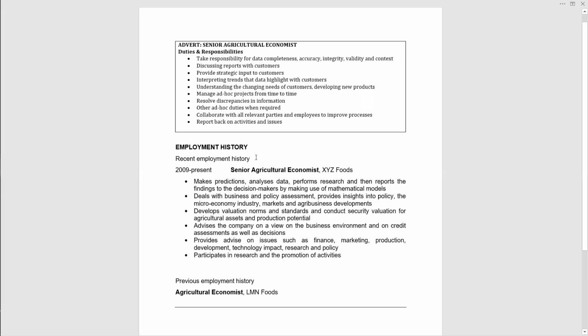First thing, the structure that I chose here is because this person has a number of years of experience as an agricultural economist. That's the reason why you see recent employment history and previous employment history. It is not necessary to include functions or work that you did more than 10 years ago.